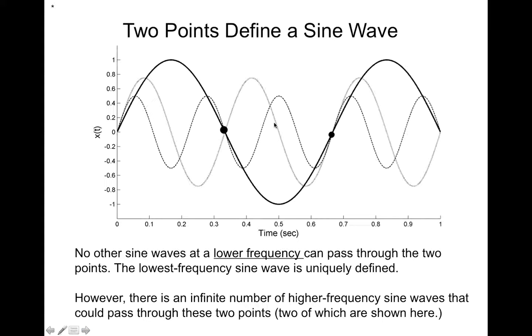So the problem is, if you sample at a low frequency and you have higher frequency sine waves present in your signal, you don't know whether it's this one or this one. When you sample, you can get these random higher frequency components that are introduced in an unusual way because you didn't sample at a high enough rate.